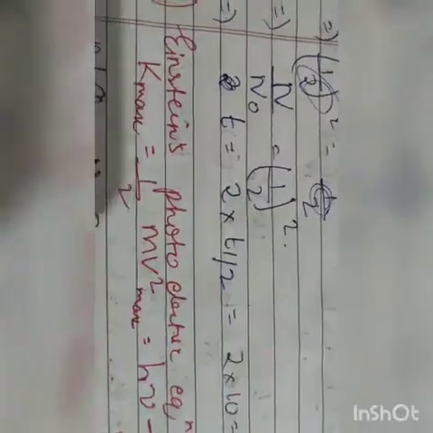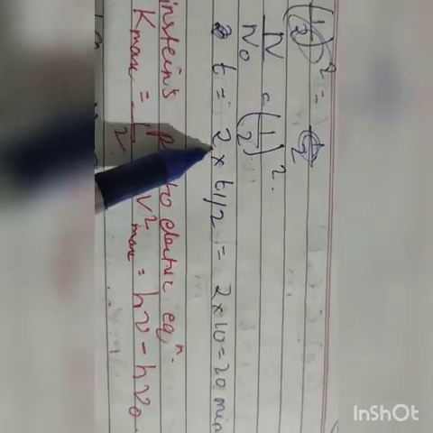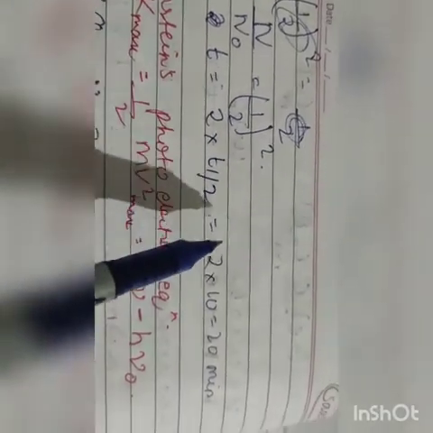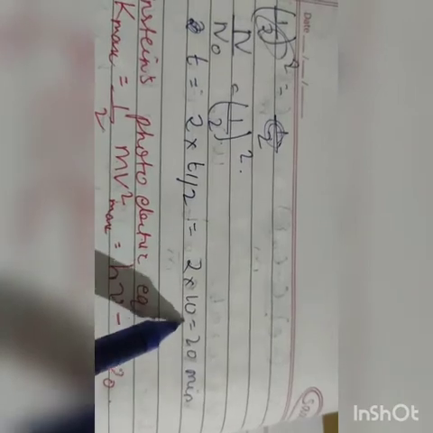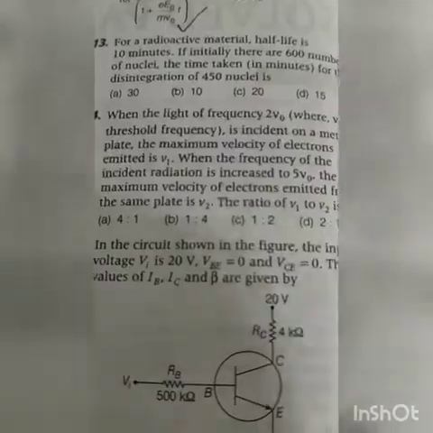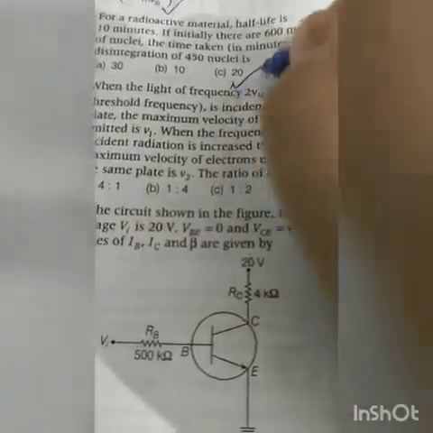So we just put the value: t = 2 × t half, that is 2 × 10, that is 20 minutes. So here our correct option is 20 minutes.